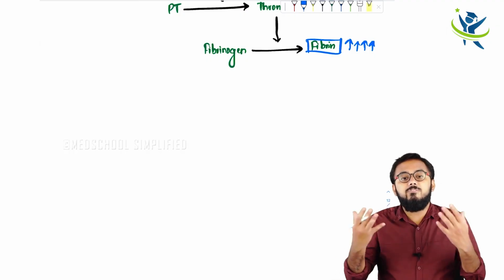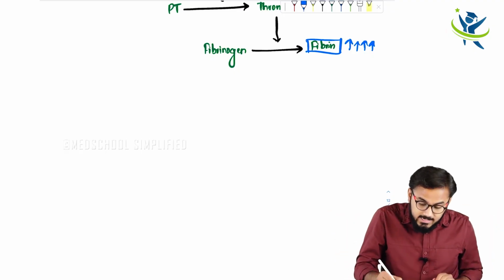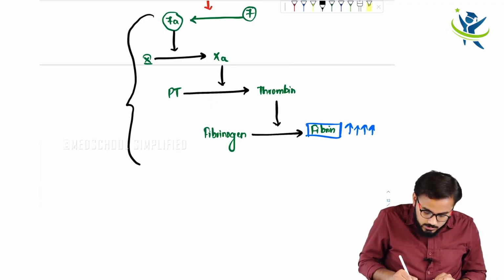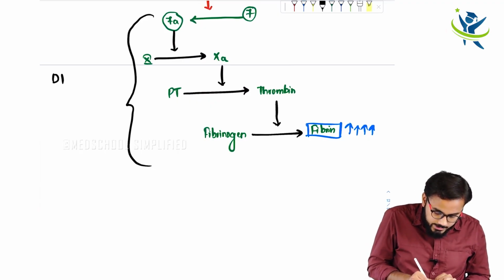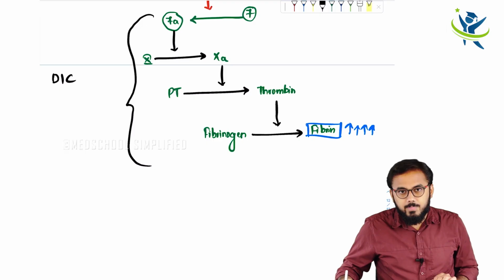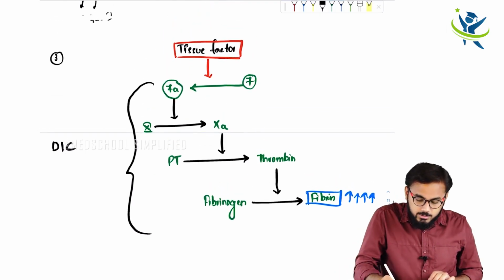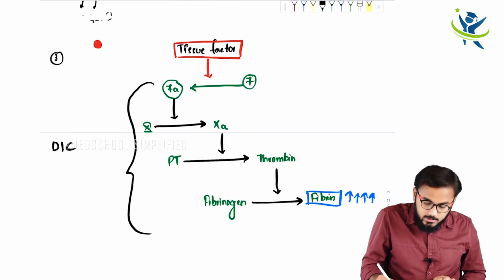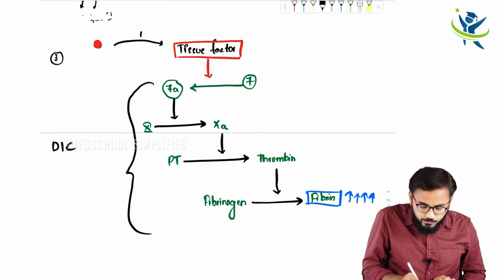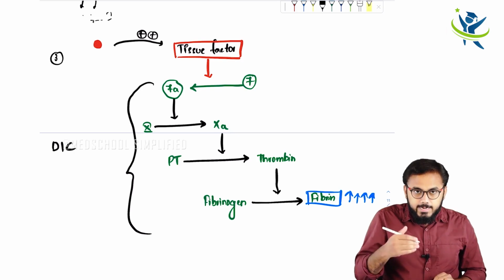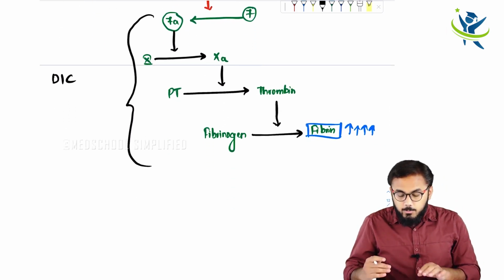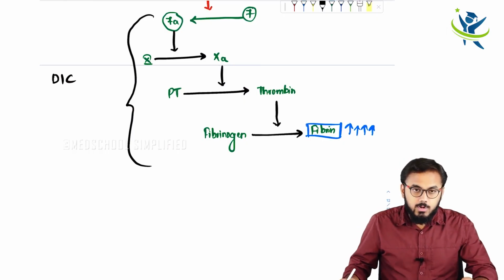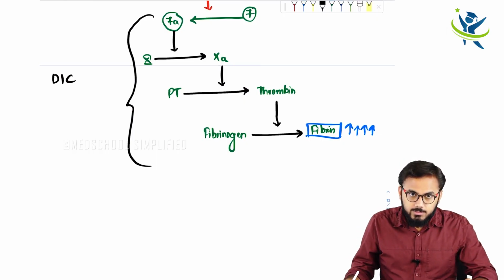There will be clots everywhere in my body, and that is what is called disseminated intravascular coagulation. So now I hope you understood that this endotoxin will activate your tissue factor. The more it activates your tissue factor, the more fibrin is produced, the more clots in your body, and that is what is called disseminated intravascular coagulation.